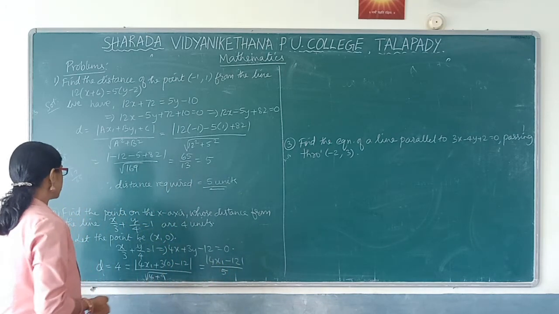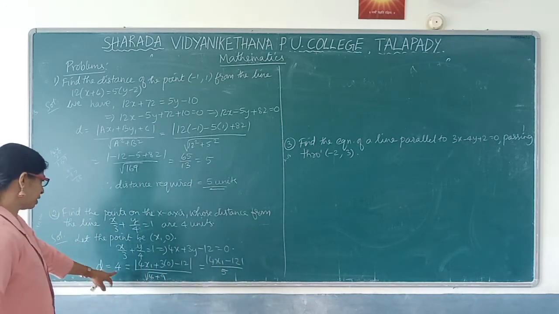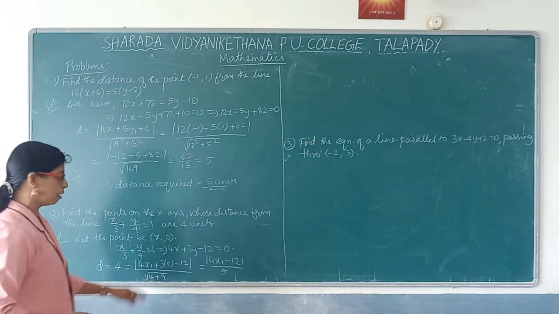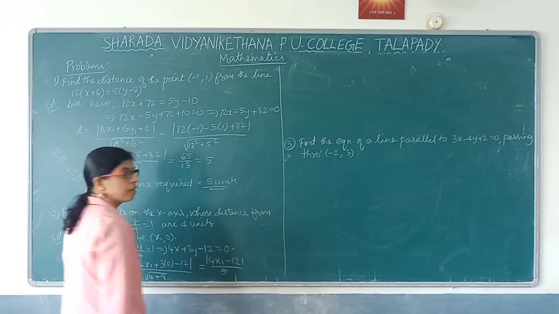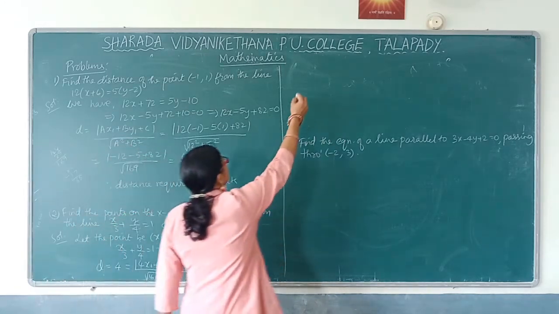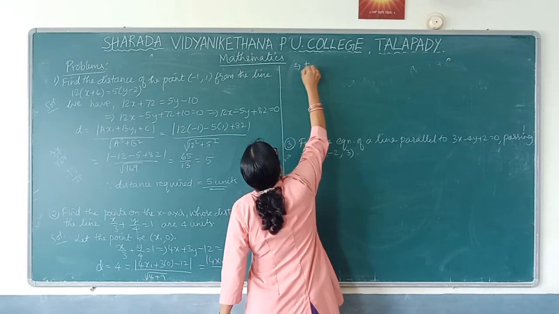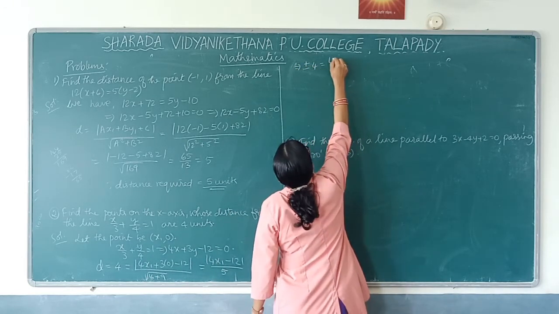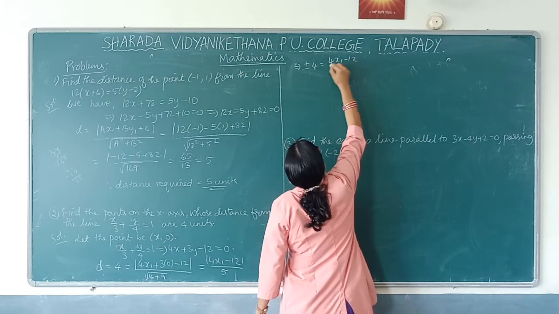Okay. So this is the expression we have got. That is nothing but 4. So when you remove the absolute value, we have got modulus symbol, isn't it? When we remove that, we write it as plus or minus 4. So plus or minus 4 is equal to 4x1 minus 12 by 5.